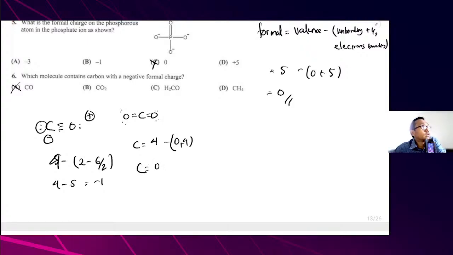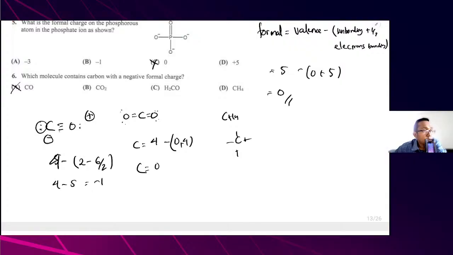So just remember the concept of the formal charge, okay? That's all. How about CH4? CH4 is easy, same thing. As long as it has four bonds, it will be the same.